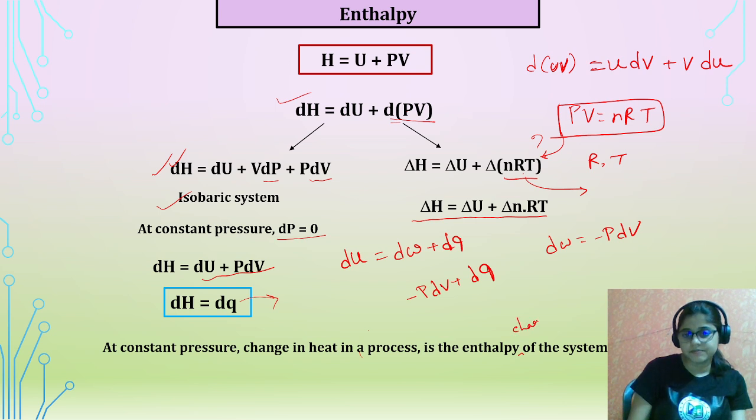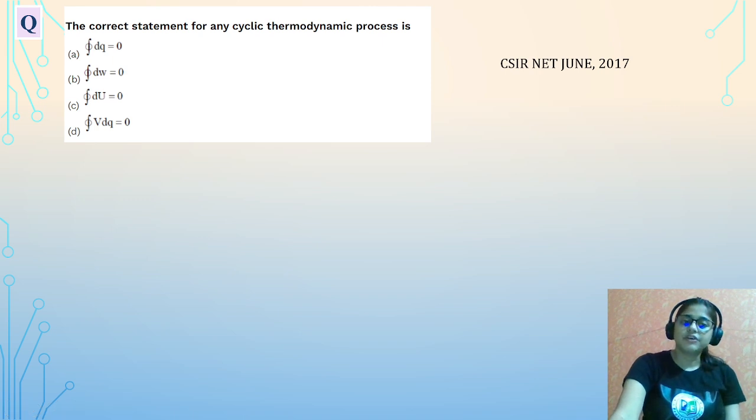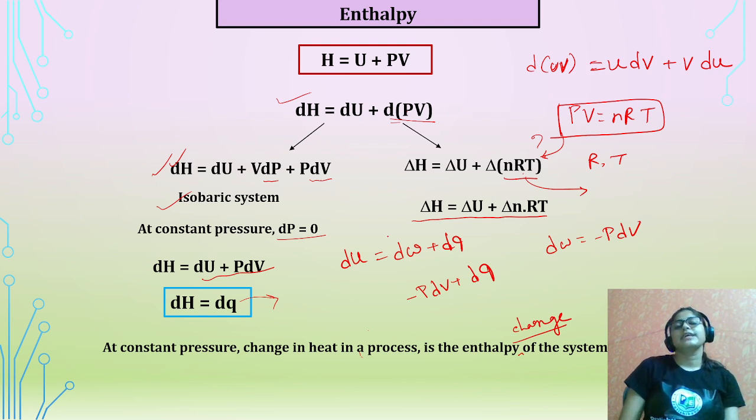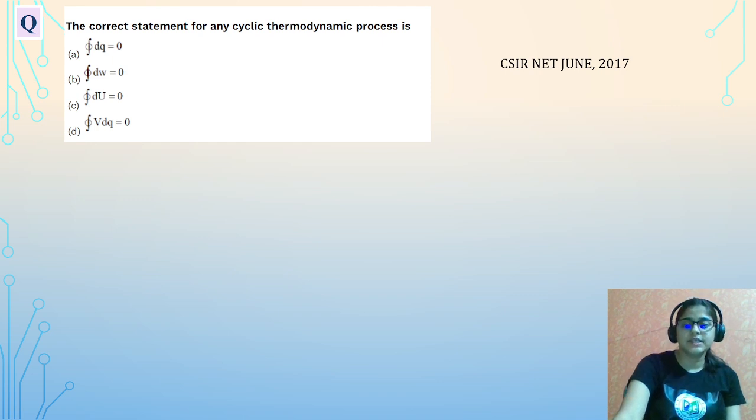Clear? Now coming to the questions. So you all understood what enthalpy is, what the internal energy of the system is, and the first law of thermodynamics. Okay. So now coming to a few questions from CSIR-NET.